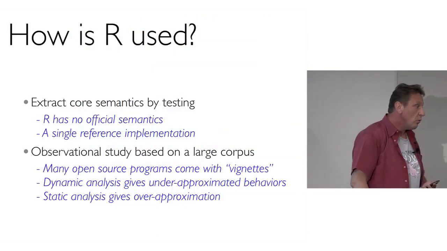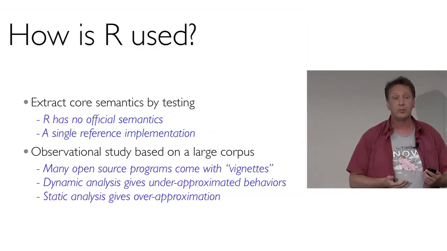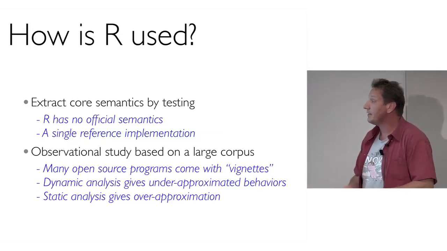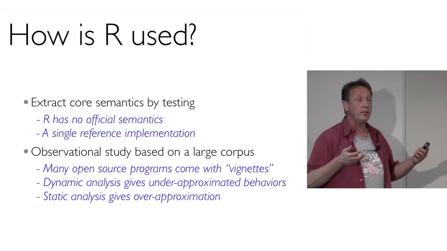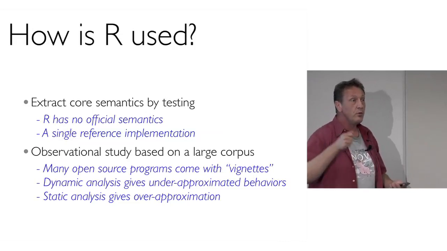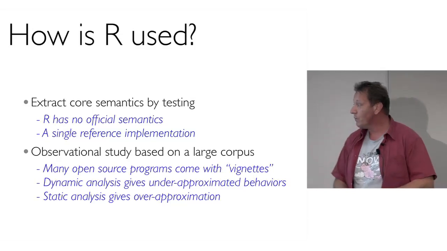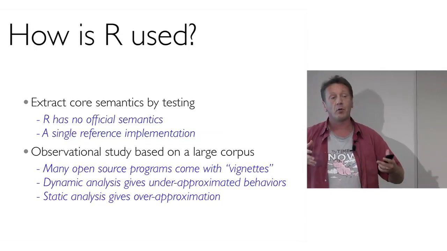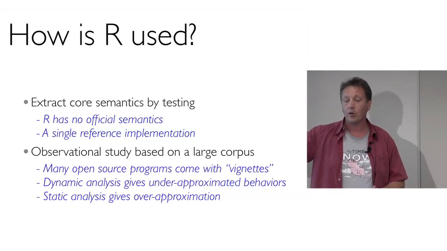So we went on and tried to look deeper at how people use some of the features of the language and what the semantics are. And there are no R semantics, there's just an implementation. So usually what you end up doing is peek and poke the interpreter and see what happens. So we took a large corpus. One of the good things about R is every program that is contributed to the repositories comes with what they call a vignette.